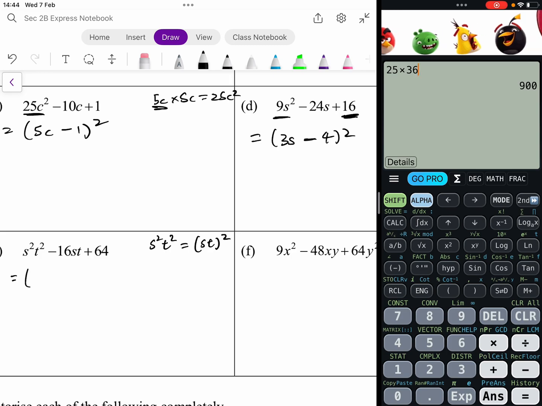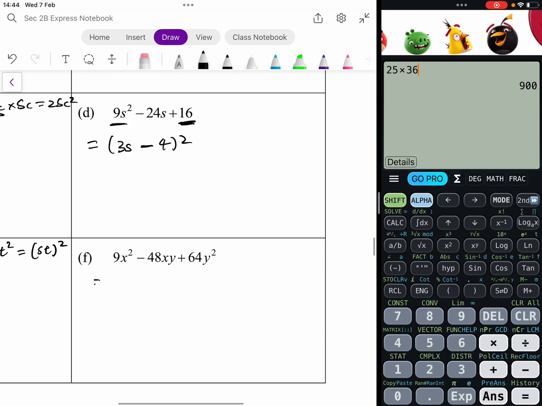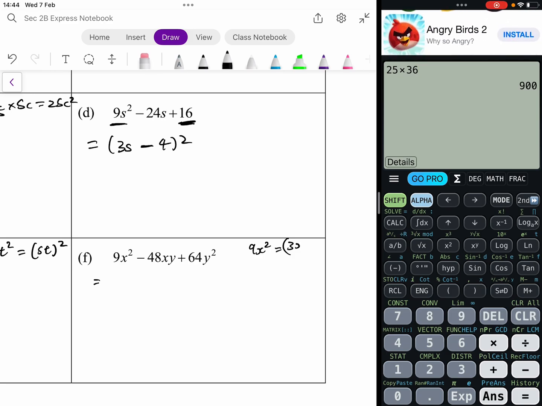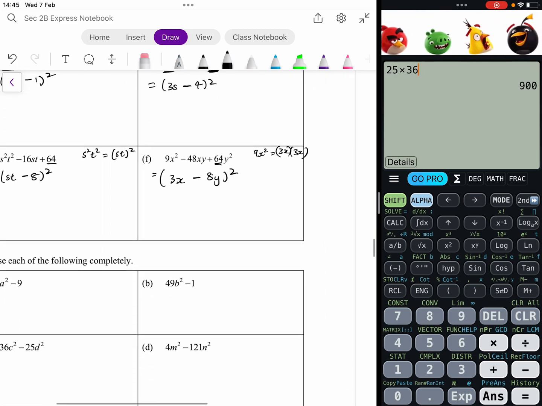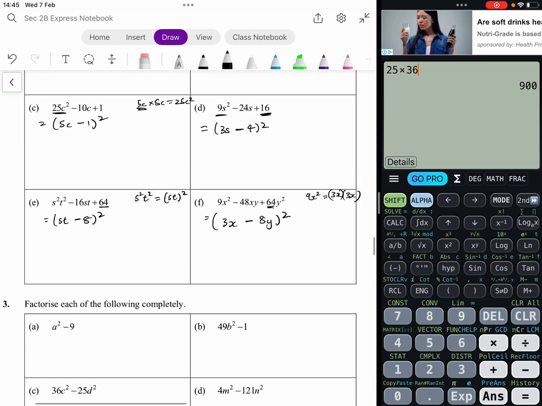So you will get st. Okay, this will be (6 minus 8) squared. And this one, 9x squared is 3x times 3x. So we get 3x minus, again, the square root of 64y squared, which is 8y. Okay, so far quite simple.